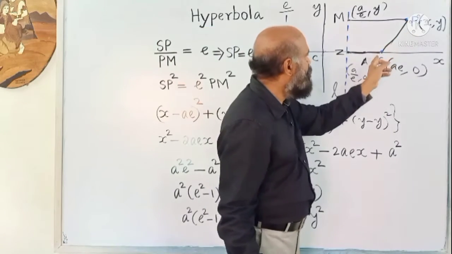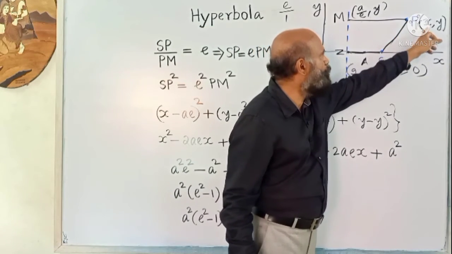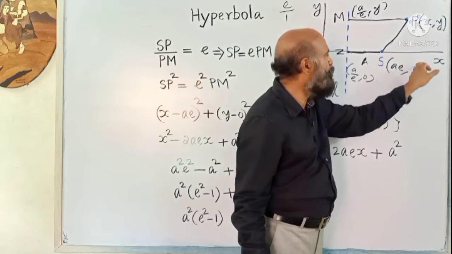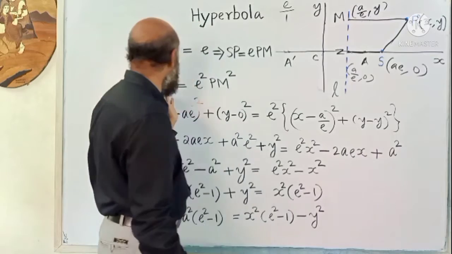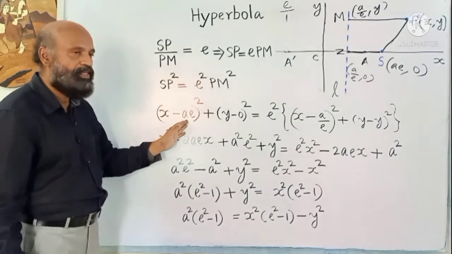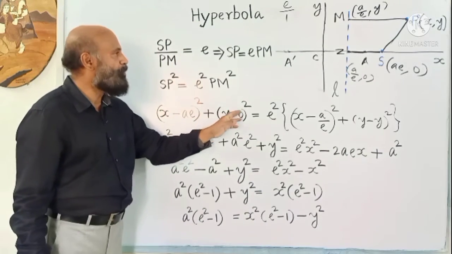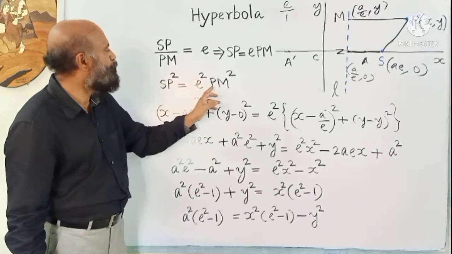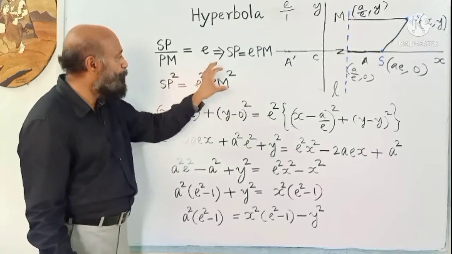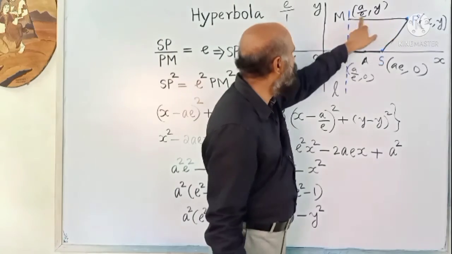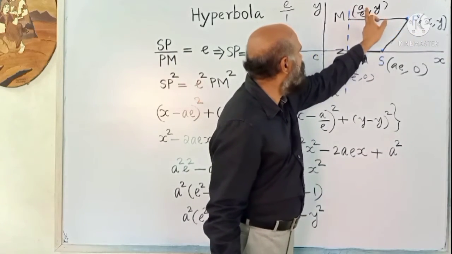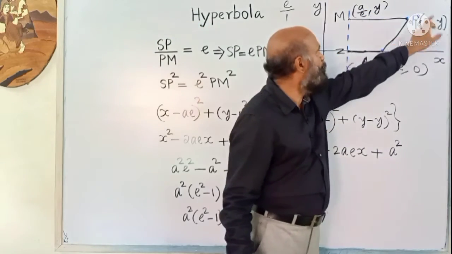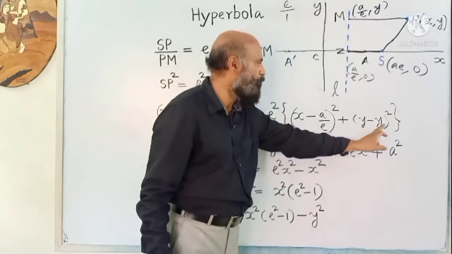SP is the square root of x minus AE whole square plus y minus 0 whole square, but here it is SP square, so the square root is not needed. So x minus AE whole square plus y minus 0 whole square is equal to E square times PM square, which is x minus A by E whole square plus y minus y whole square.